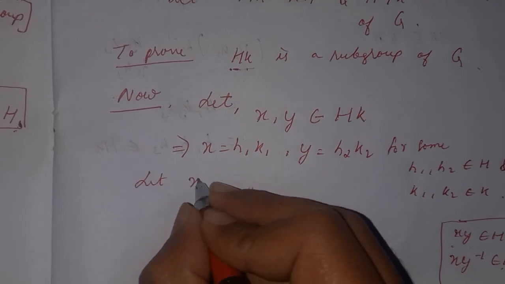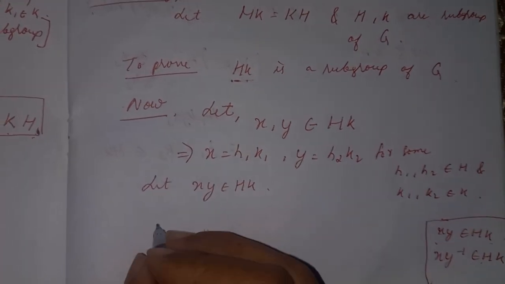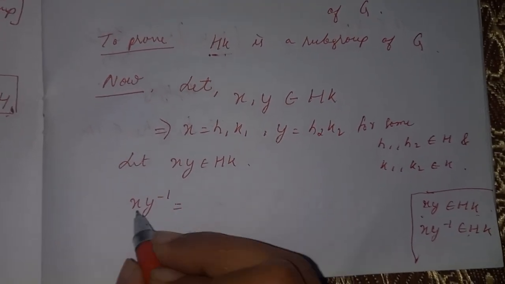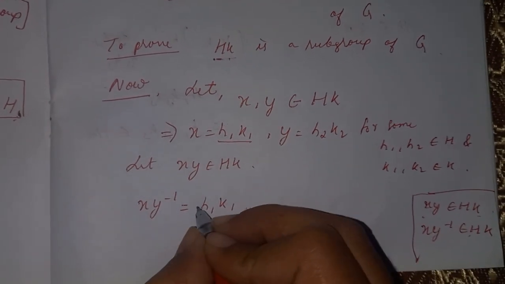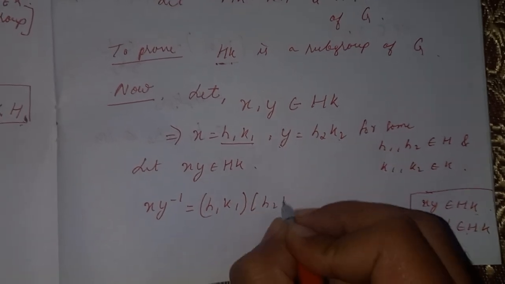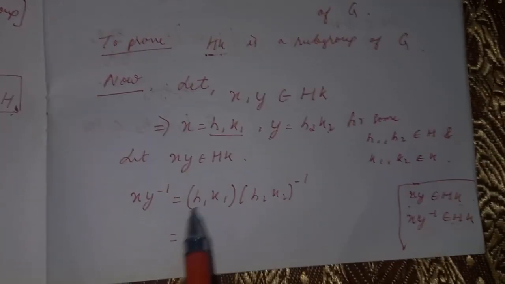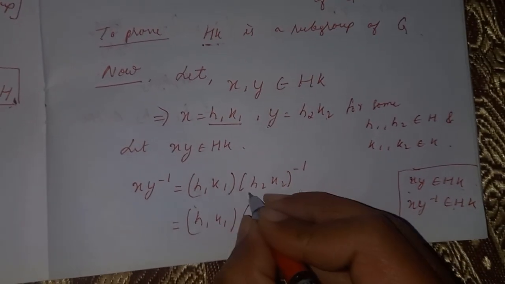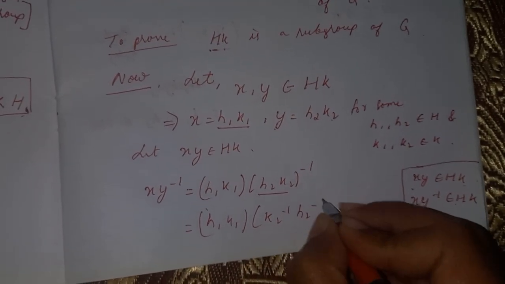So we have considered x, y belongs to HK. Now let's see for x y inverse. We'll write the element of x as h1 k1 and the element of y as (h2 k2) inverse. By following these steps, we can write (h2 k2) inverse as k2 inverse h2 inverse.